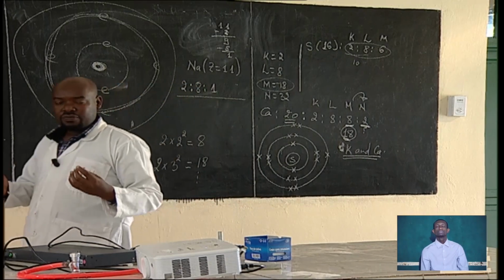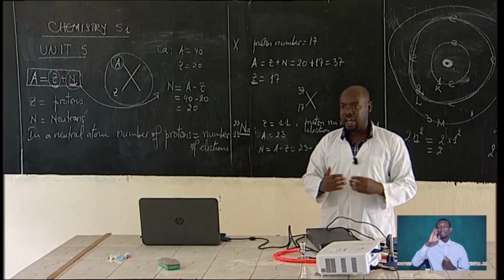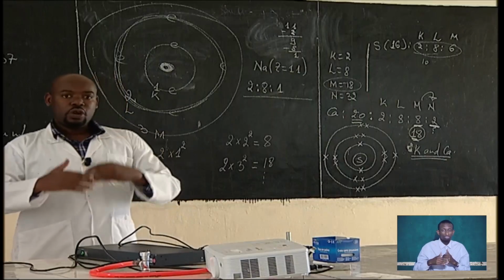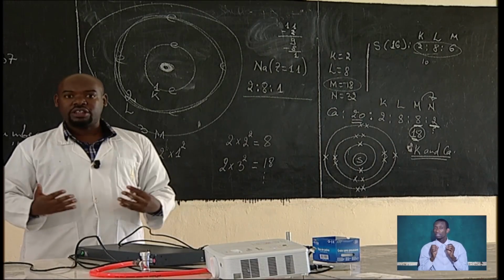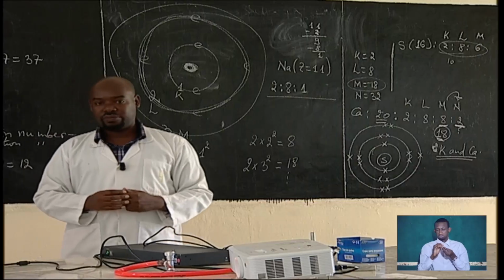So it is something very simple. Just consider the electrons which are remaining and you go to the next energy level. If you don't have a number to complete that energy level, it's okay, there is no problem. You just put there what is available.